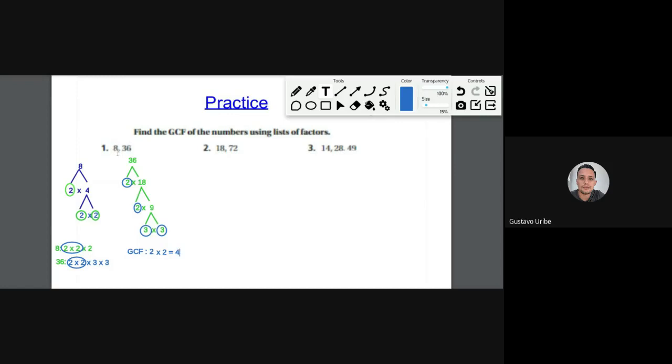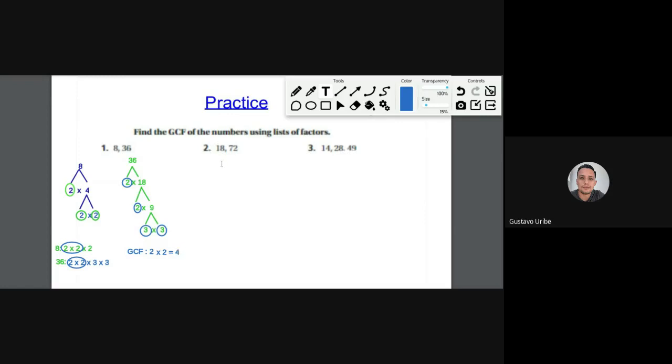The GCF of 8 and 36 is not 2, but it's actually 4. And then I can double check. There's another 2 here, but there's not another one down here. There's a pair of 3s here, but there isn't one up here. So the GCF is actually 4.